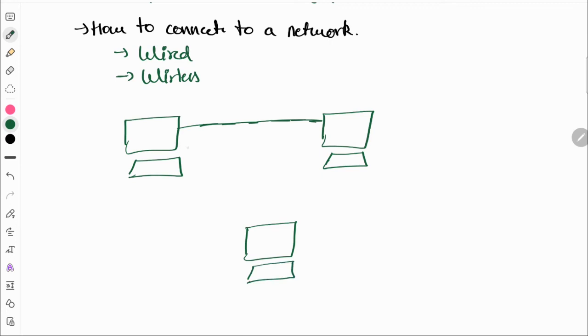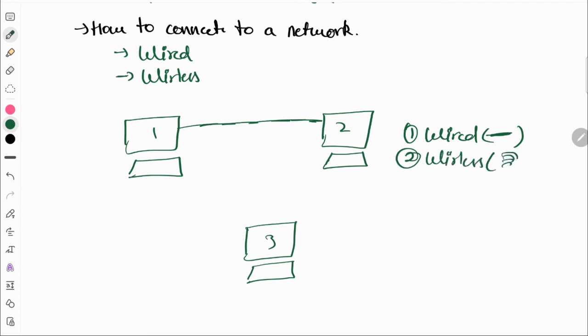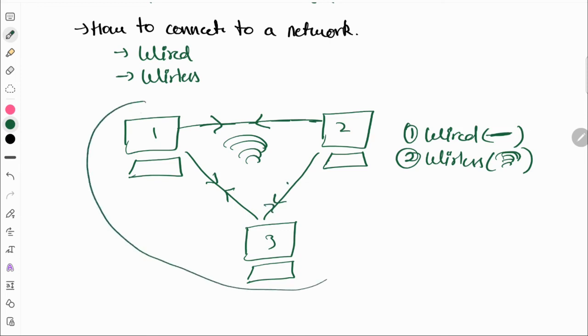How can these three computers, one, two, three, communicate with each other? First one is wired, symbol this. Second one is wireless, symbol Wi-Fi. It can go here, here, here, here, and here. This is a computer network.